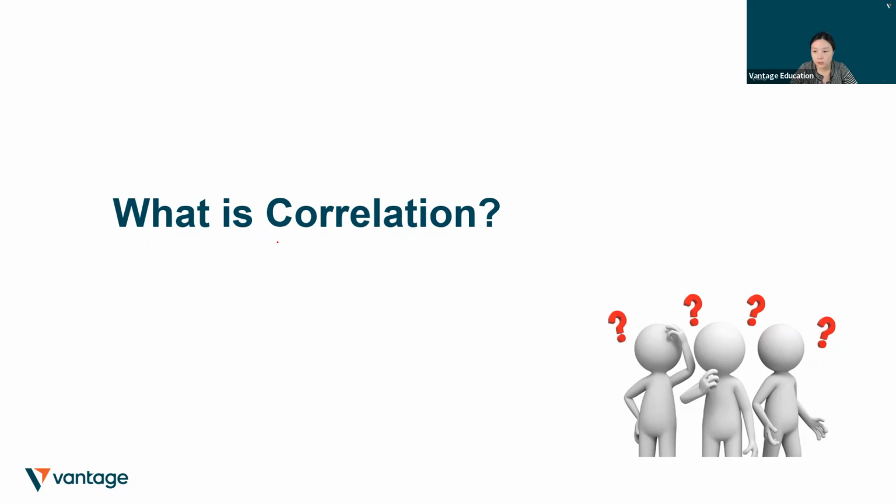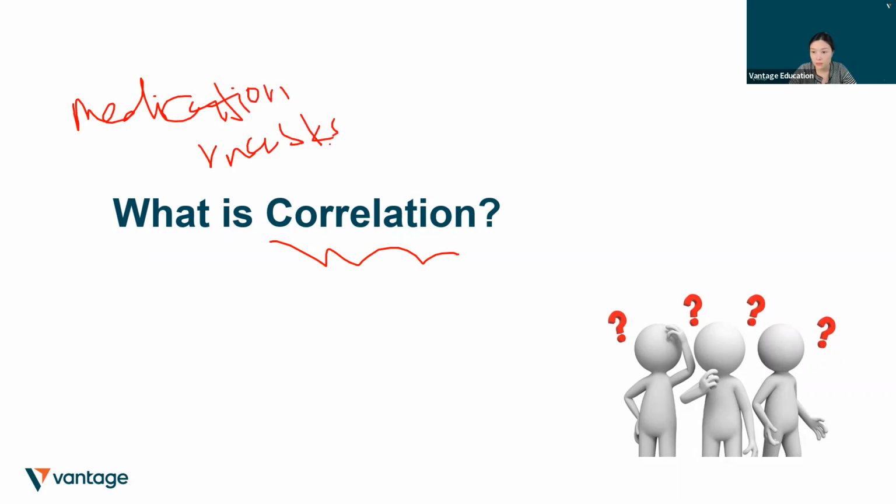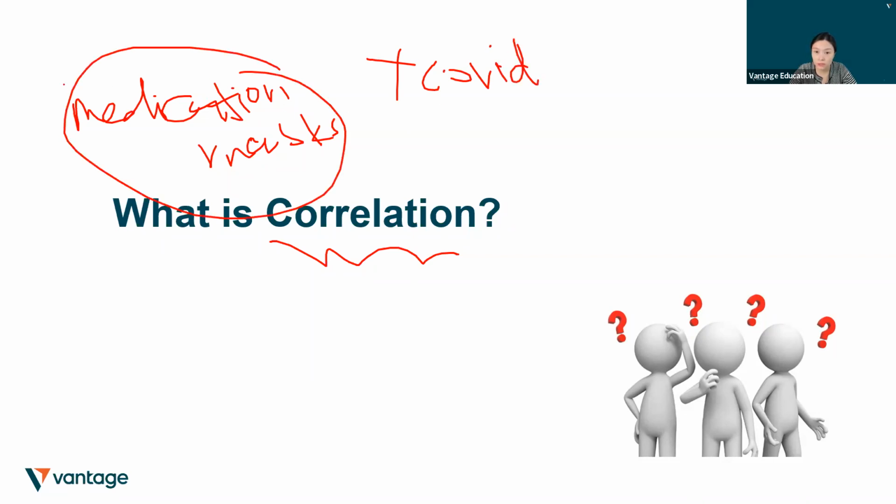What correlation means is, for example, I say COVID. What is correlated to COVID? People will say maybe medication, masks. These are correlated because when COVID increases and COVID patients increase, all of this will increase as well.